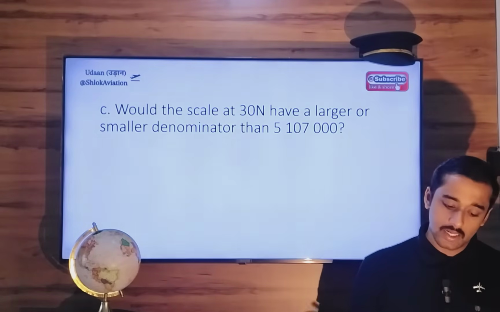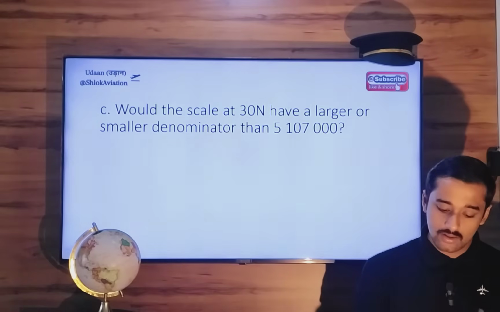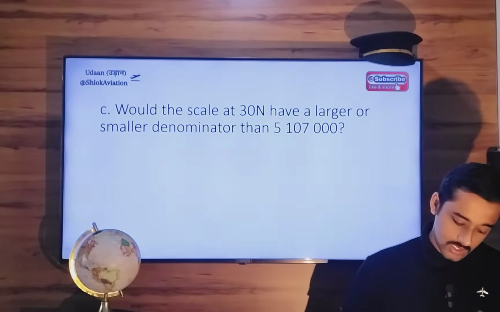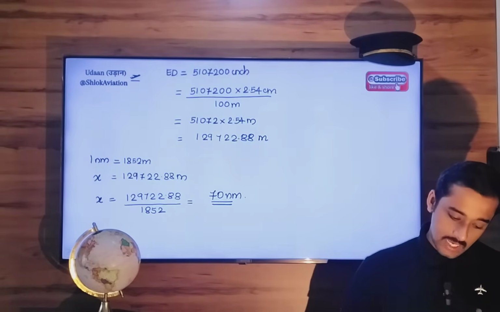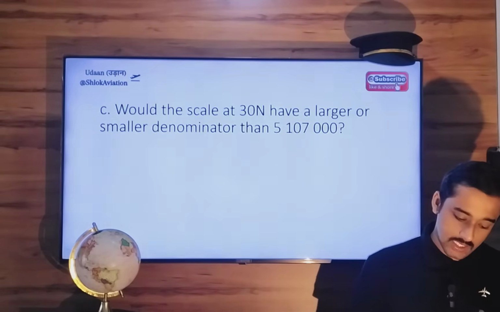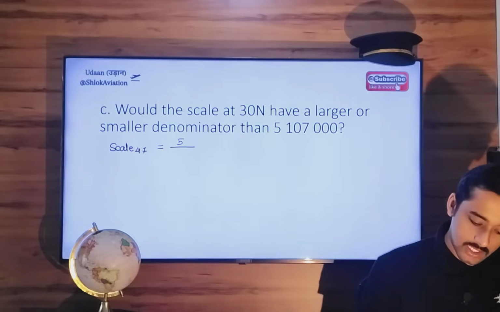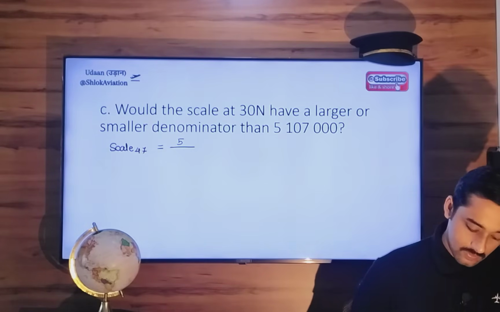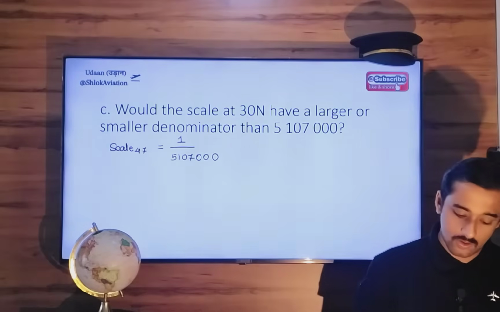Would the scale at 30 degree north have a larger or a smaller denominator than the scale given to us? So scale at 47 north is 1 divided by 5107,000.